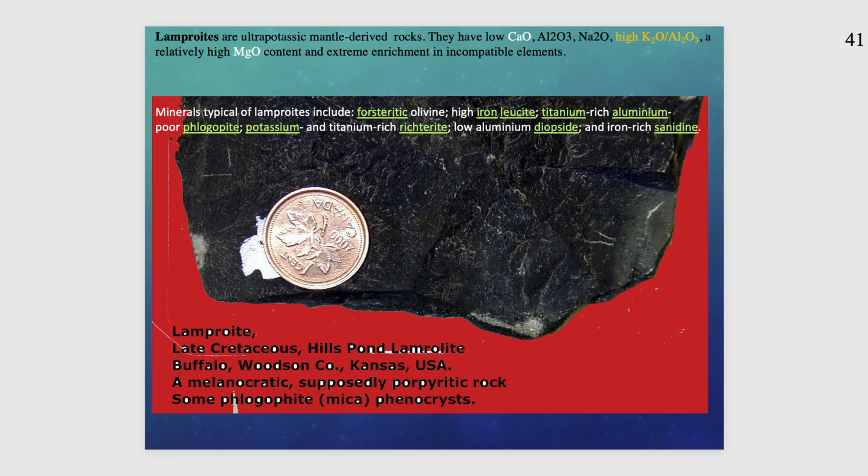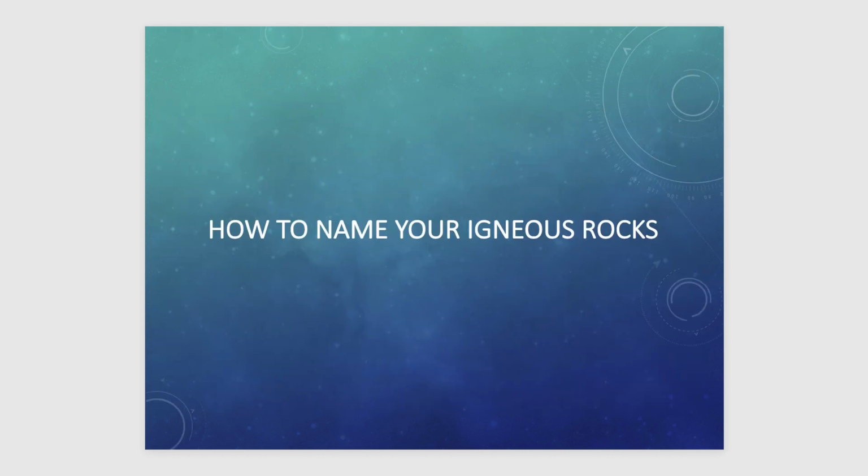What we're going to do now is just review how to name your igneous rocks. This is important because one of the assignments that we consider in this course will be devoted to the classification of a number of rocks, and this is based essentially on the Streckeisen diagrams, so you have to be able to place the specimens in the ternary diagrams in an appropriate fashion.